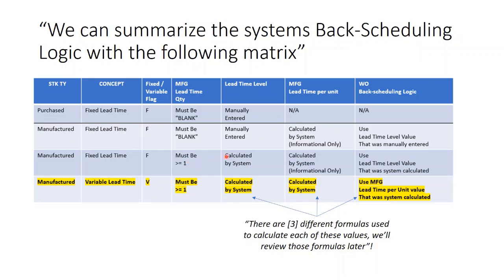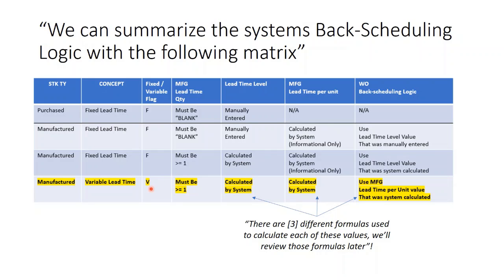Then, when running the lead time roll-up program, it will calculate our lead time level to manufacture that item, and will calculate the lead time per unit value. The lead time per unit value, again, would be informational only, and when cutting work orders, to determine a start date of that work order, it would back schedule it using the lead time level value.